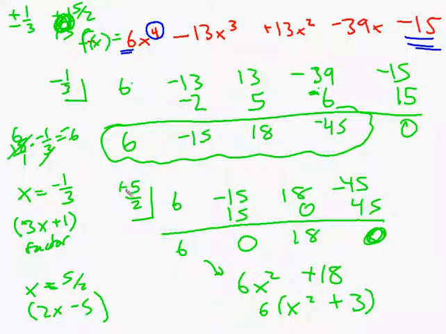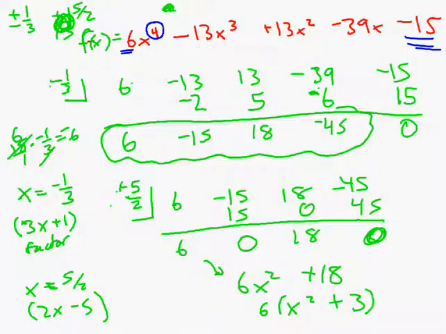Because I've divided how many times? Twice, which means this power has decreased down to a 2. Okay, because I've divided twice. So now, at this step, I could use the quadratic formula is what I'm going for there.